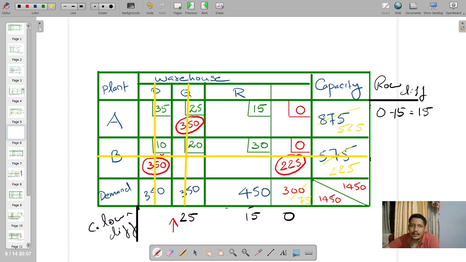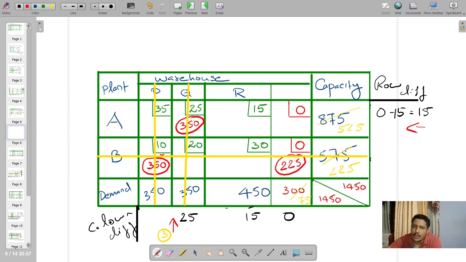So on the next step, now this is your third entry. Now for the fourth entry, again it is 0 minus 15, 15, and here it is also 15. So the priority will be given to your first row.